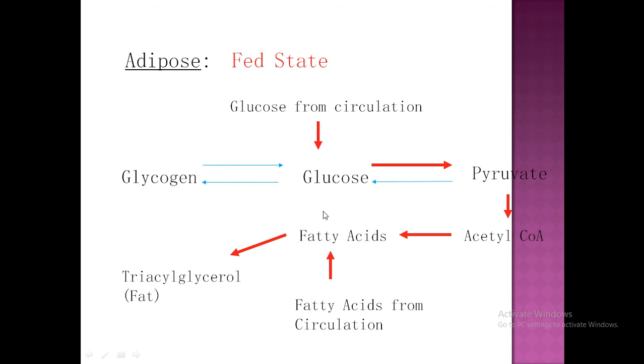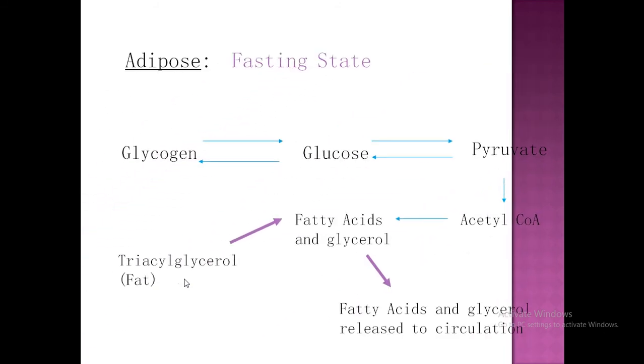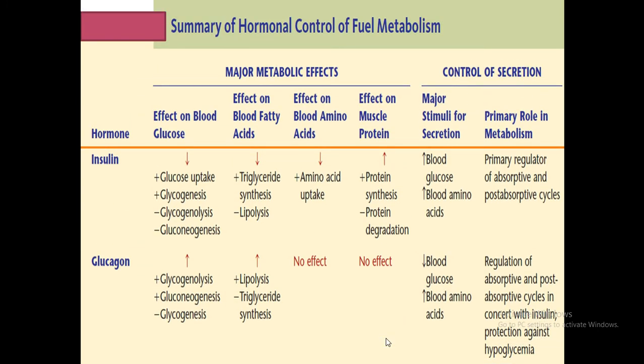And all these are converted into triglycerides in the adipose tissues. While in the fasting state, the opposite effect takes place and triglyceride is changed to fatty acid and glycerol and released to the circulation. This is the summary for the hormonal control of the fuel mechanism.